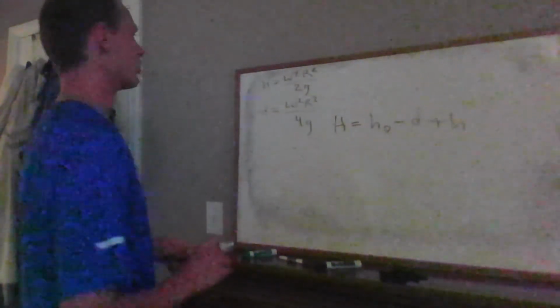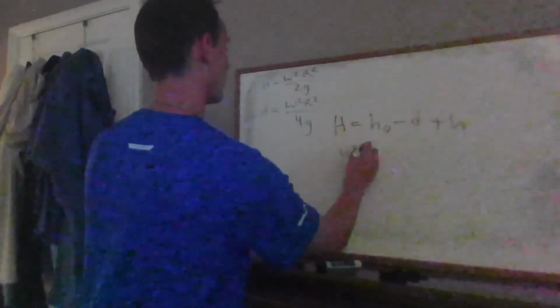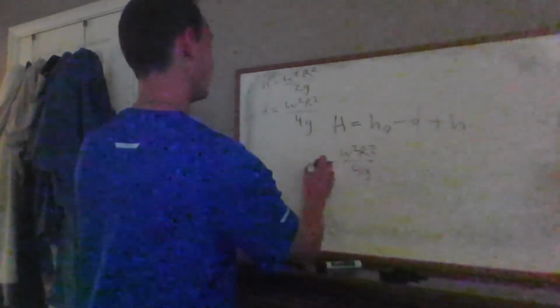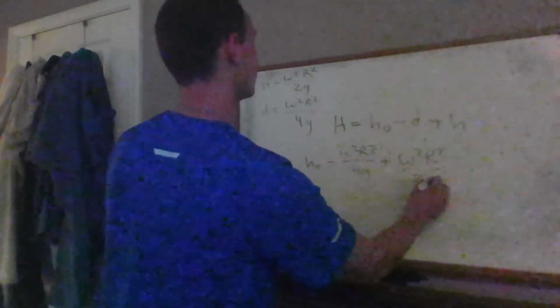Okay. So what do we do here? Well, we just plug in our terms. So here we're going to have omega squared large R squared over 4g, that's for d, and then plus omega squared big R squared over 2g.